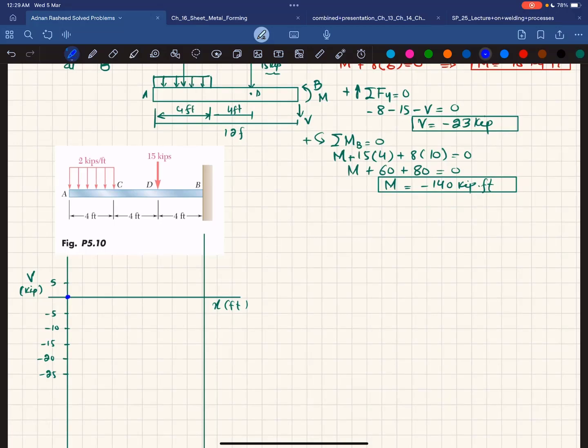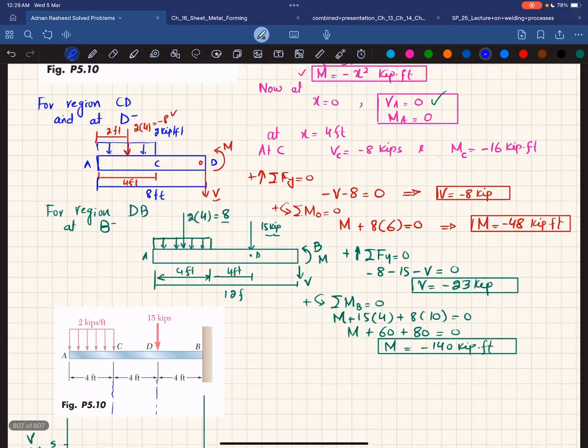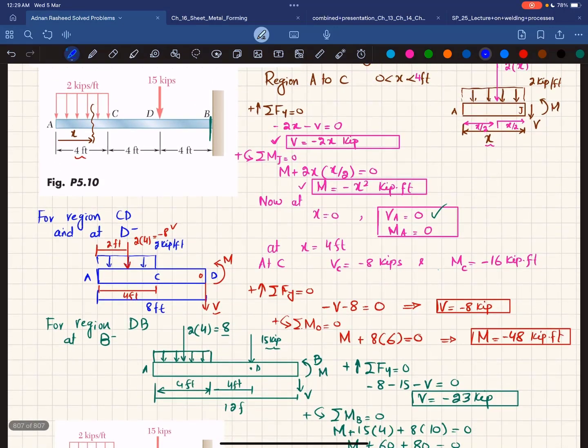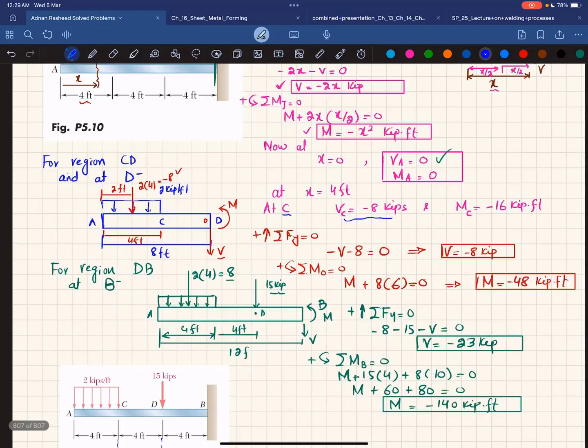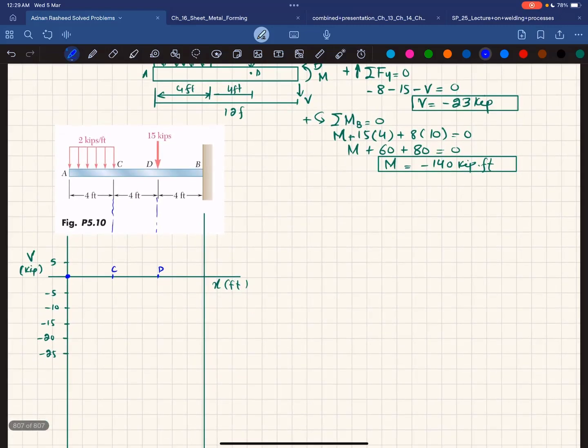Clear? And this is your point C, this is your point D. If you project them, like this is your point C and this is your point D. Okay, at point C, V is equal to minus 8. So we will take minus 8 somewhere here.